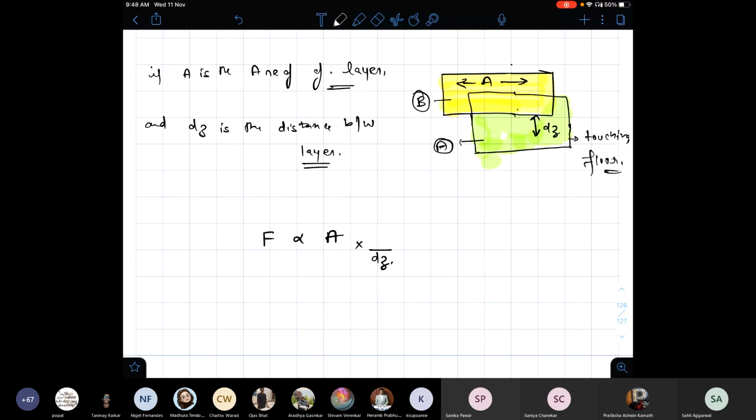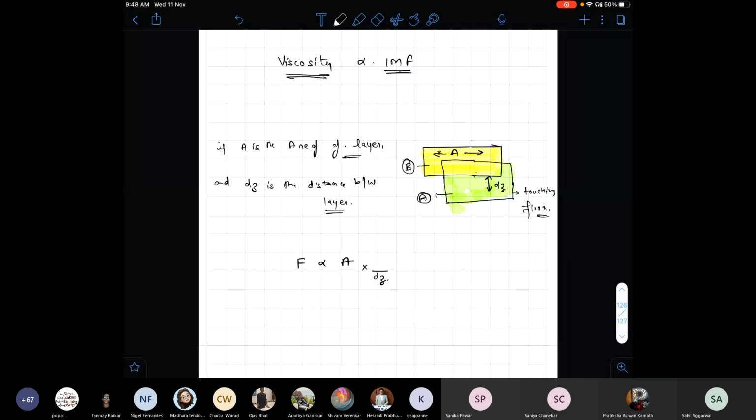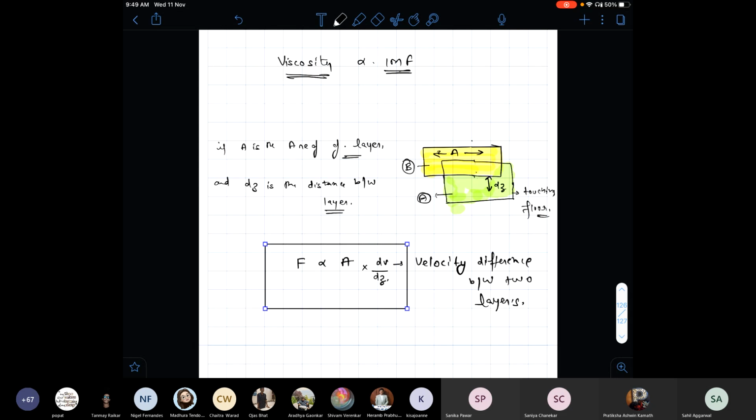Understood? dv is the velocity difference between two layers. So this is how viscosity is related.